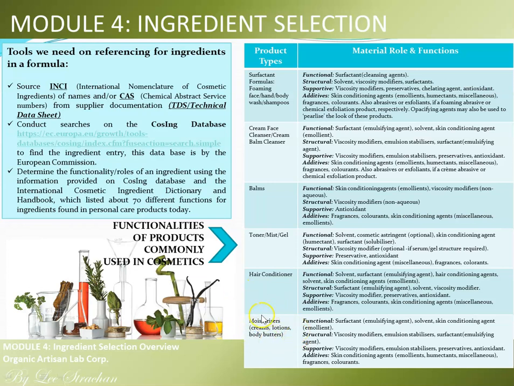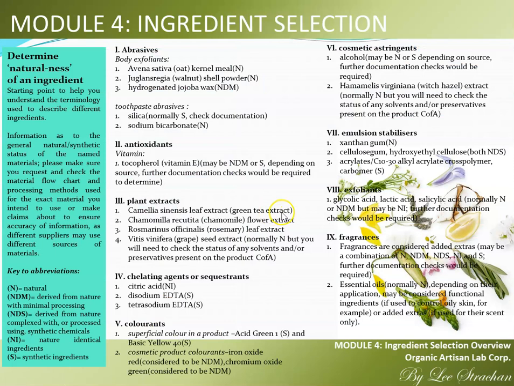Any type of moisturizers will fall in this category, and any type of balms, whether it's for face, for multi-active type, for the body, and so on, will fall in this product type. Let's continue.